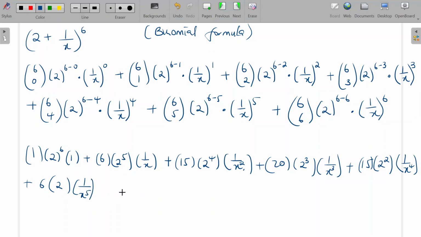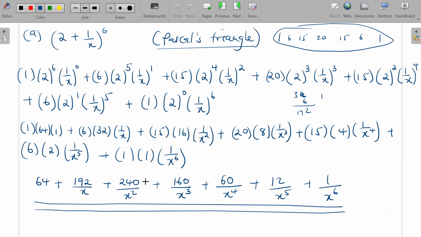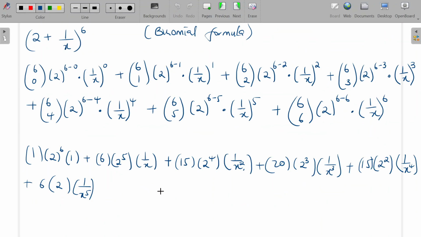Then this side you're going to have 6 combination 6, which is just a 1 again. Then you're going to have 2 to the power 0, which is just 1.